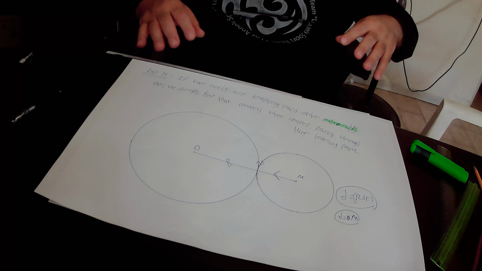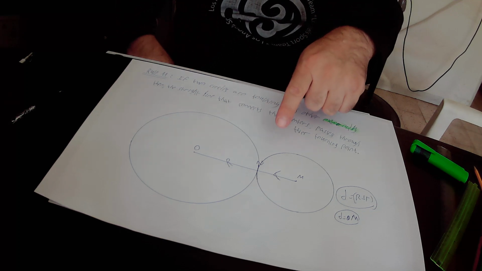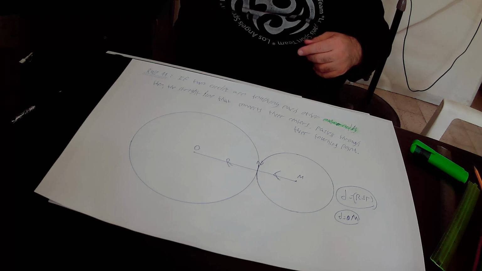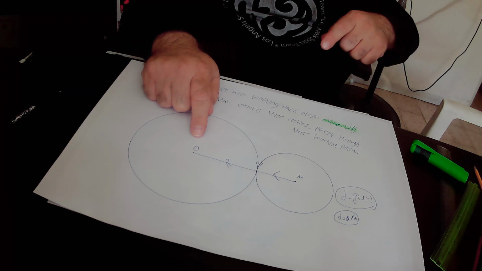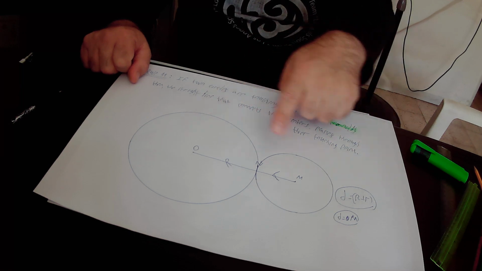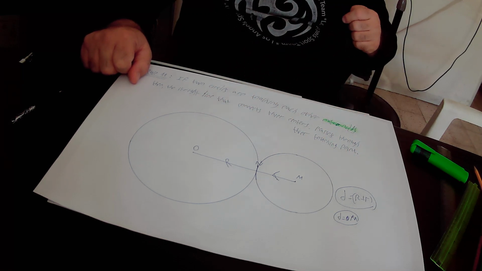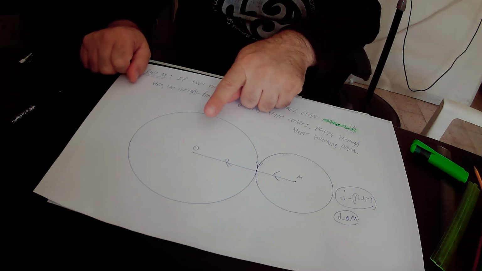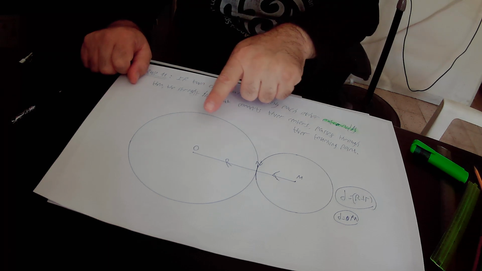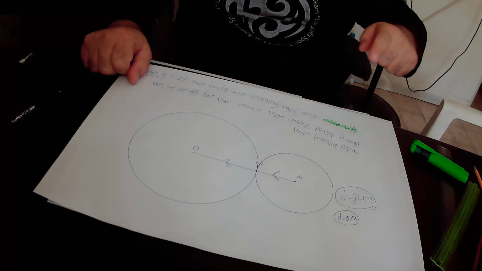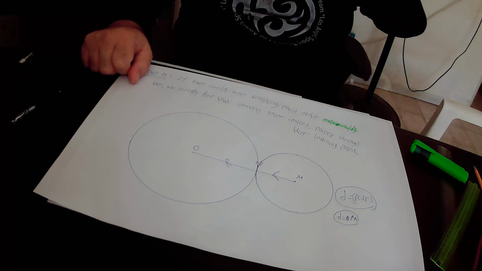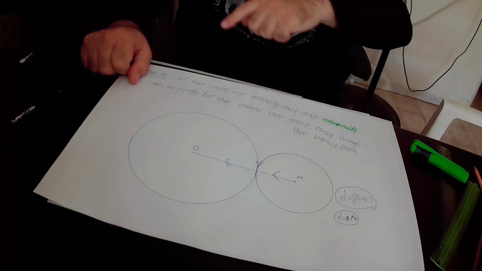So in this drawing we have two circles that are touching each other externally at point N. The center of the big circle is at point O, the center of the small circle is at point M, and the straight line that connects their centers together is OM. According to rule number 11, the straight line OM must pass through point N, their touching point. That is to say, O, N and M is one straight line.